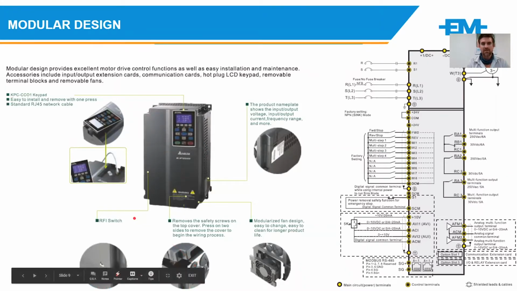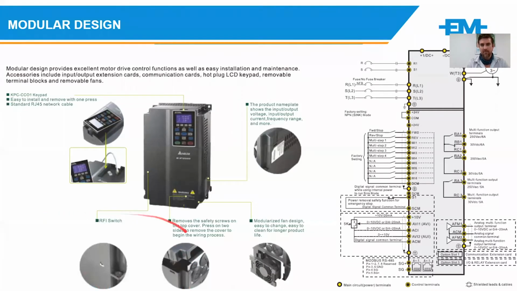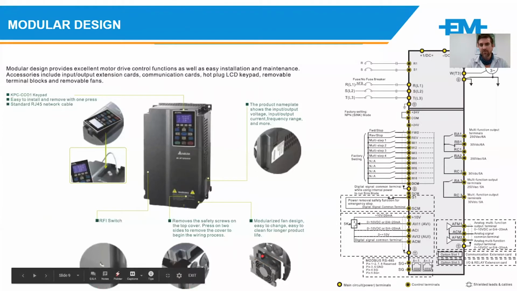Also, control terminals are easily removable and interchangeable. Fans are easily removable and interchangeable as well for maintenance down the years. And also a host of digital inputs and digital outputs on the control circuit.